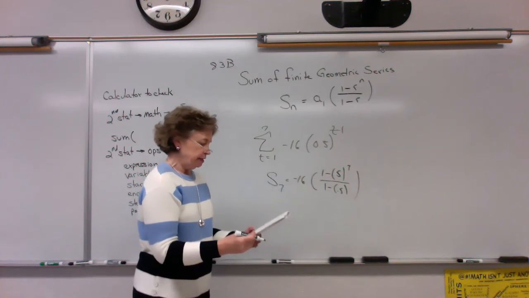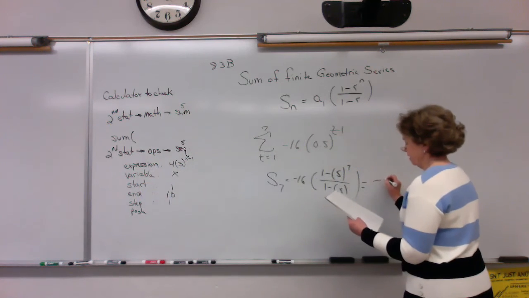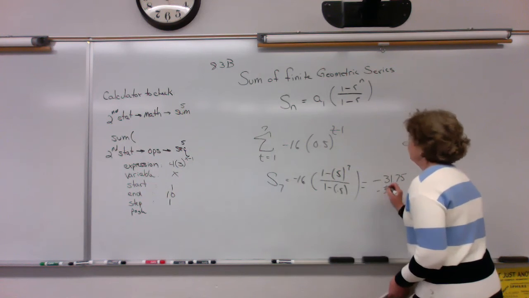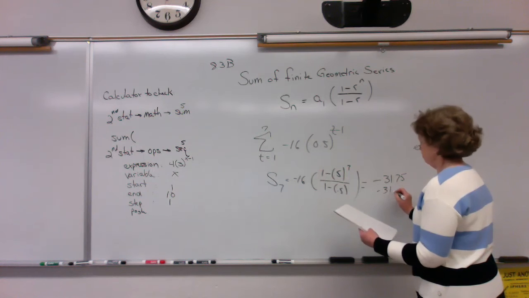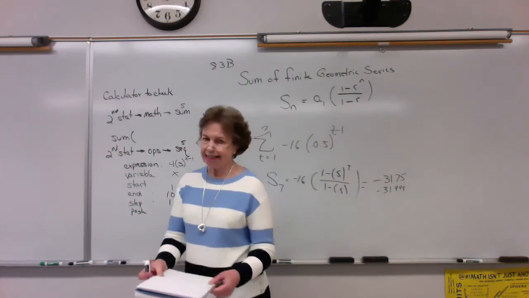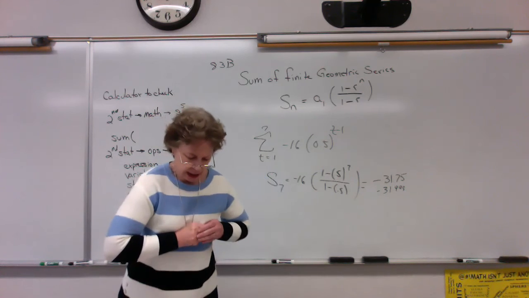When you plug that in, you should end up with negative 31.75, or there's rounding, depending on how you do it. If you get close, 31.999, somewhere in there. I did it two ways and got two different answers, it just depends on how you round.